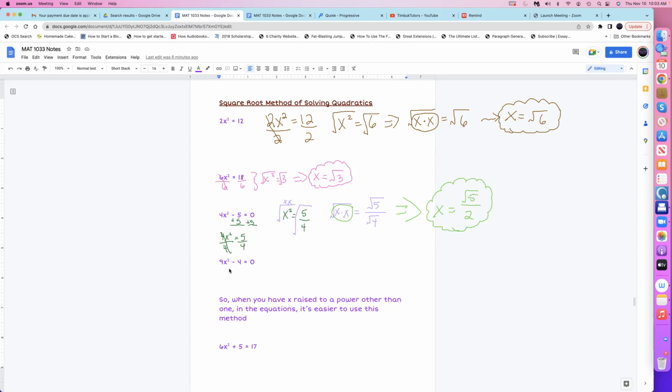9x squared minus 4 equals 0. I will add 4 to both sides because I want to have the x squared by itself, isolated. I'm going to divide both sides by the 9.